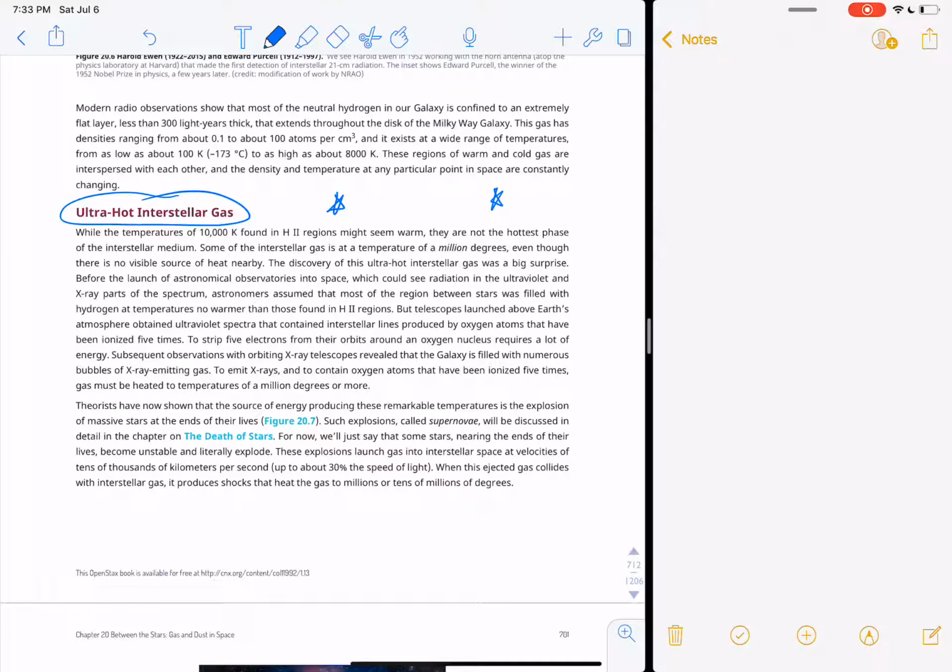You might have the same gas here, but it's not going to be as hot because it's far from the sun, so when the sun's light goes through it, it's going to absorb some of the light. This is 10,000 degrees, or 10,000 Kelvin, and this is much colder than that, a few Kelvin. And then you've got areas where it could be 1,000,000 degrees or 1,000,000 Kelvin.